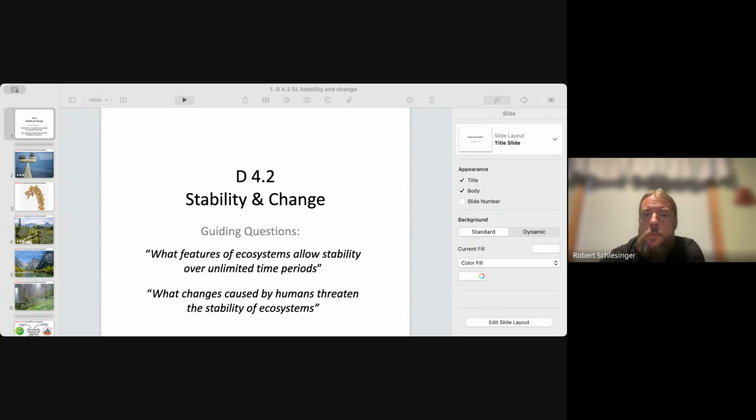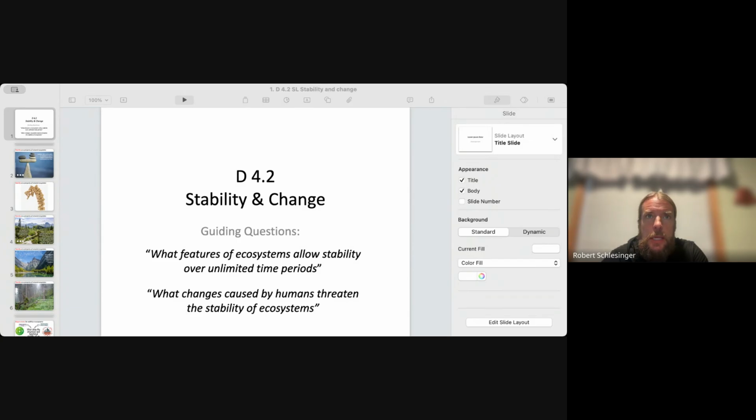D4.2 is all about stability and change. And to be honest with you, as we've seen in all of these subtopics, there's a lot of redundancy. Early on, we talked about the current extinction event that humans have caused. Do you all recall what the extinction event we're currently in is called? Like what the fancy term for it is? I forgot. I think it's called the Anthropocene.